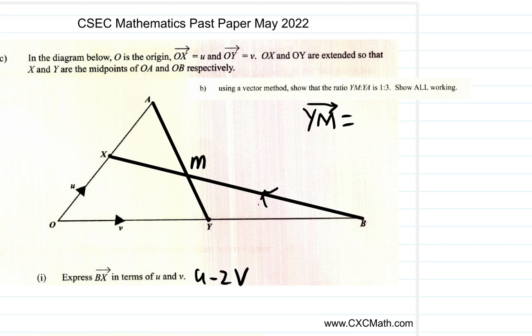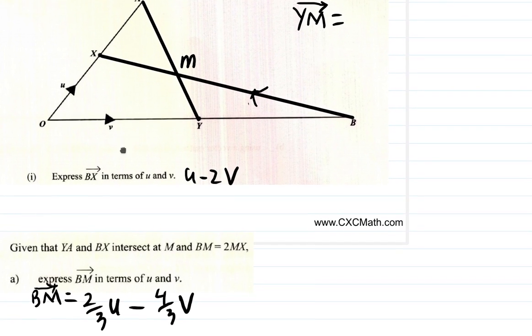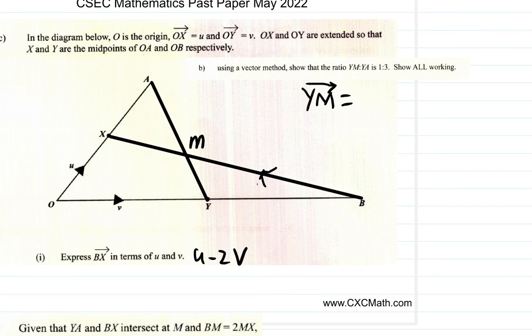equals, now remember, YM is from here to here. But if the vector goes from Y to M, you could have gone from Y to B, turn the corner, and then go from B to M. We show BM, alright, you have BM there already.